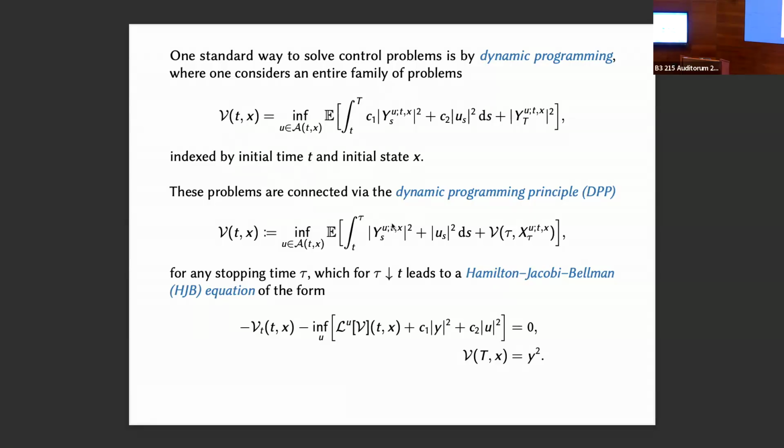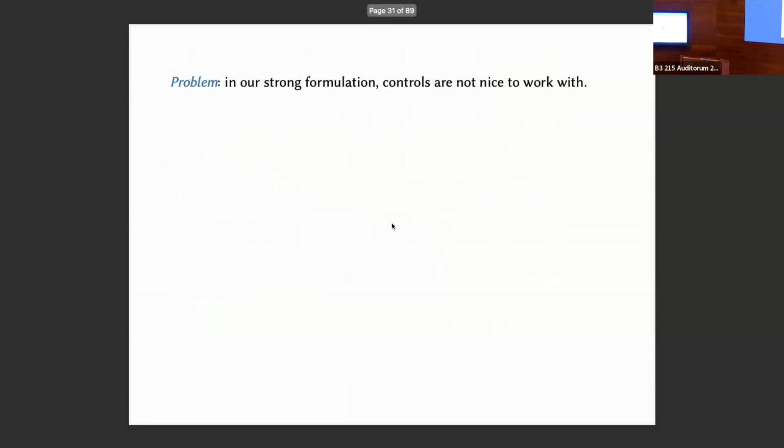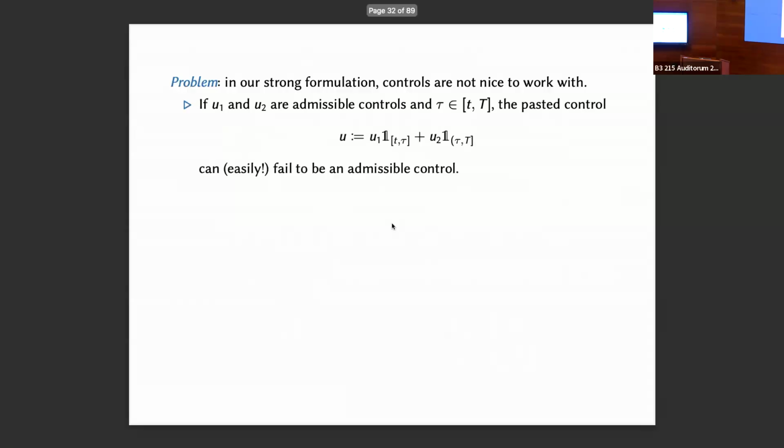We were really, really unsure if dynamic programming works at all. The reason is the following. Our set of controls is just evil. By this, I mean the following. Consider two different controls, U1 and U2.